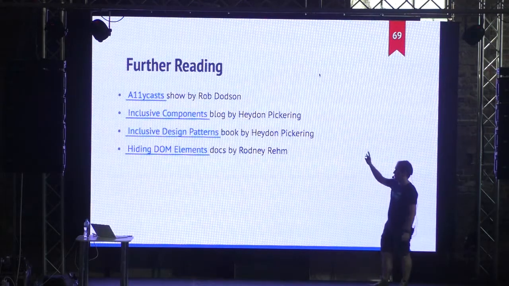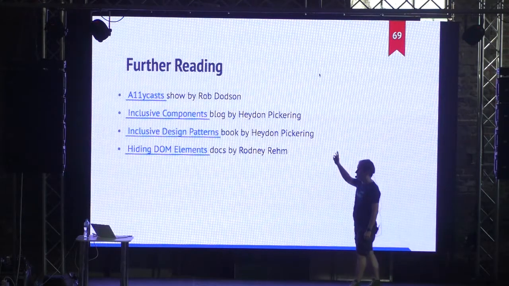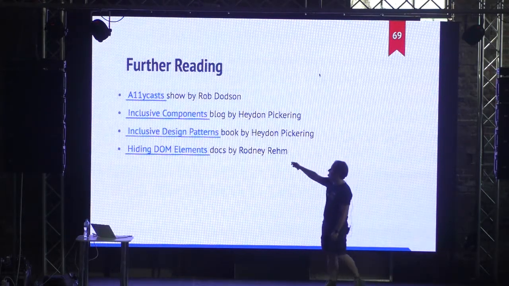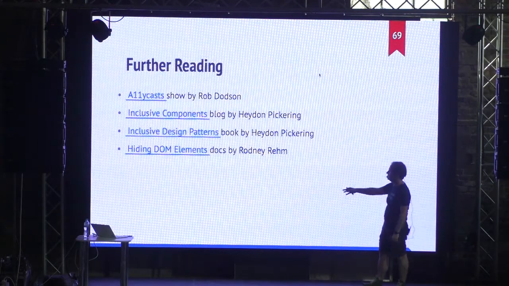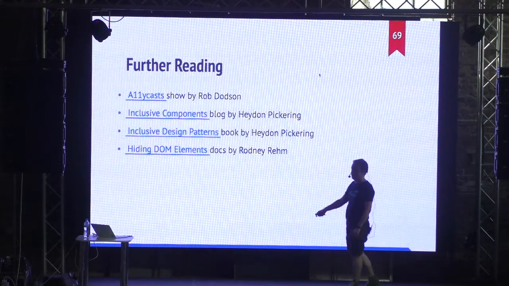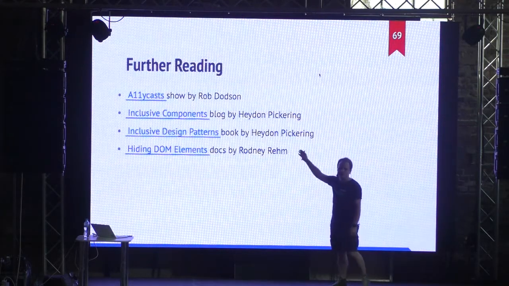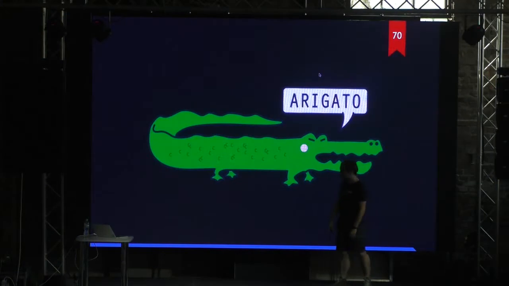If you want to read something more, I've got you covered. There are many things on YouTube, books, articles and documentation. These are just the most valuable things for me personally. You'll have a link later.